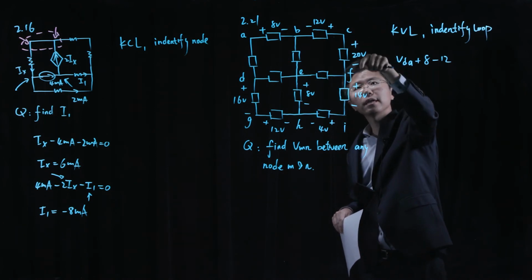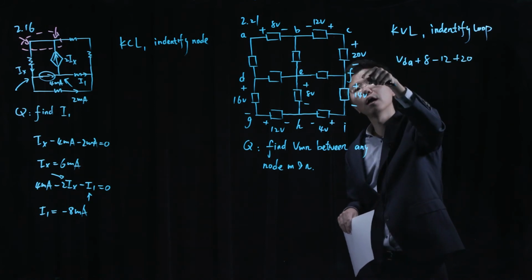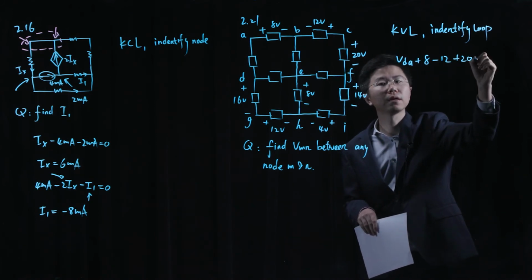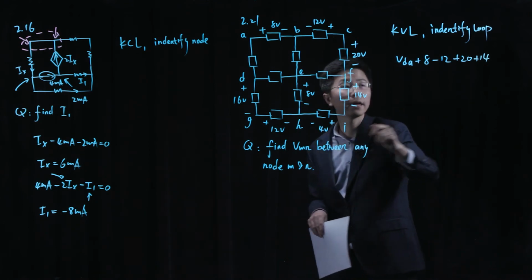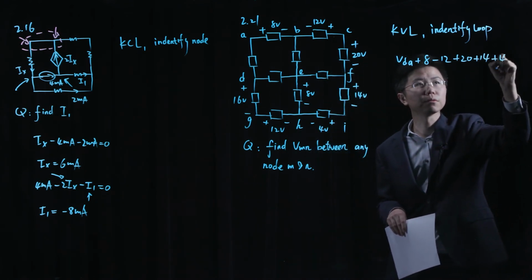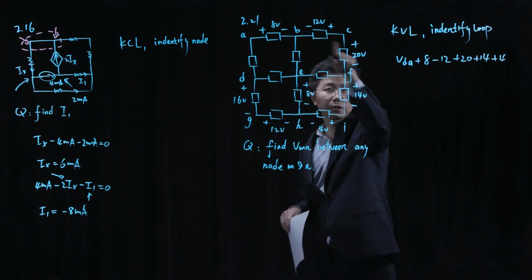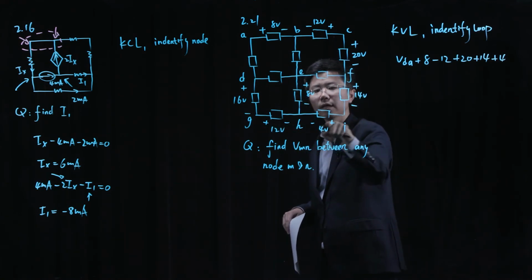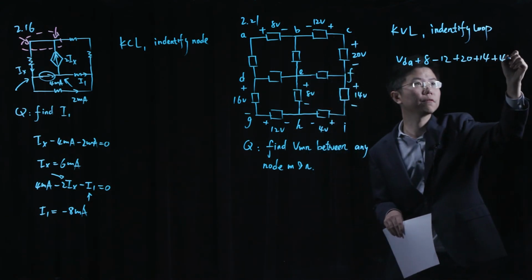In this CF node, we have another positive, FI positive, IH positive, and HG. Notice here, if you're traversing in this clockwise direction, the first terminal we encounter is negative. So this will be a -12.